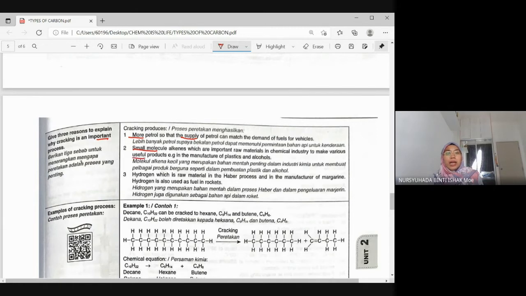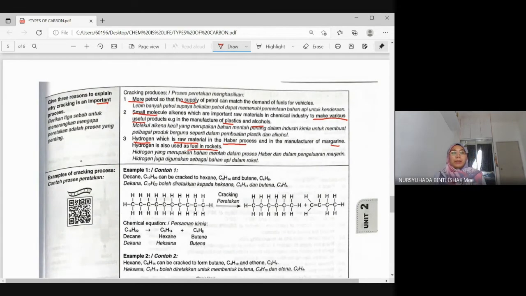So banyak kegunaan. 3, hydrogen which is raw material in the Haber process in the manufacture of margarine, and hydrogen also used as fuel in rocket. So inilah kegunaan-kegunaan the product of cracking. More petrol boleh guna untuk vehicle, small molecule boleh guna untuk buat plastik, alkohol, alkane, and hydrogen boleh guna untuk Haber process and also fuel in rocket.